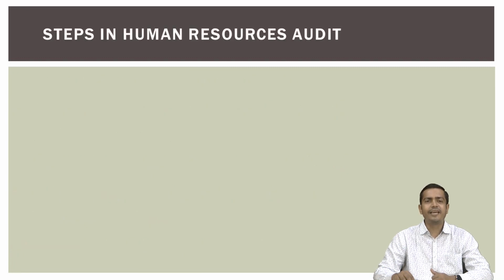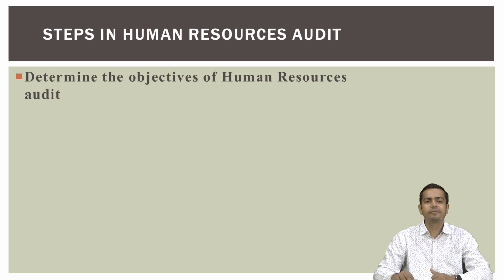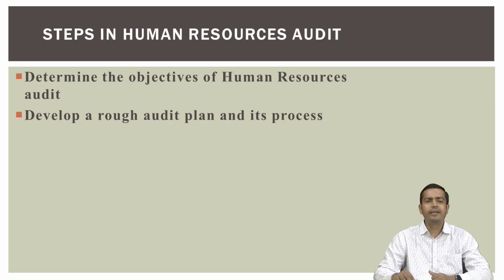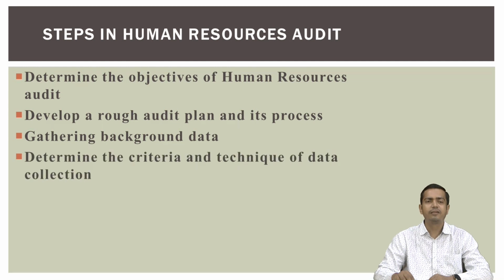Now, what would be the steps associated with HR audit? Determine the objectives of the HR audit and how we can develop a rough audit plan to process that. We have to gather background information which could be provided by different departments. Of course, every minute detail will not be available with HR.